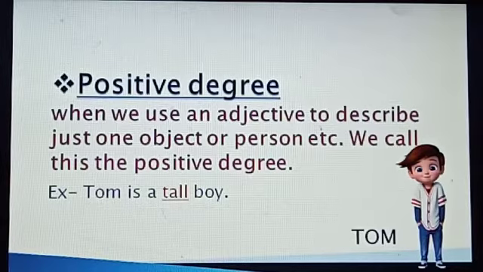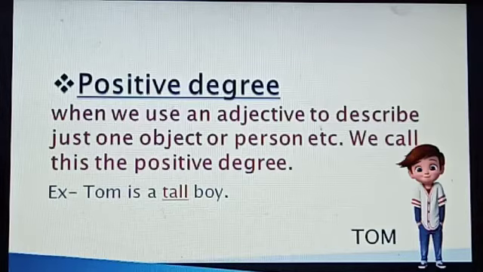In this sentence, the word tall is an adjective telling us how Tom is. There is no other person or thing in this sentence used to compare Tom with. It is the general way of saying about people, animals, or things that have some quality. It is the simplest form of adjective. This is called the positive degree of comparison.